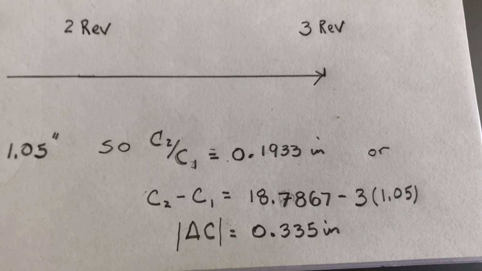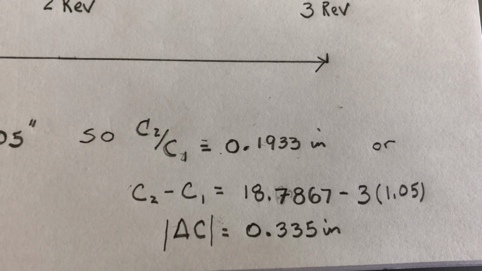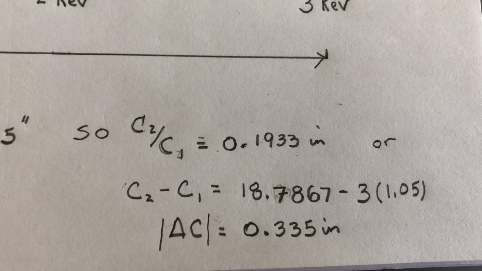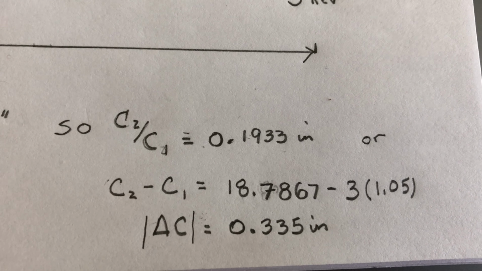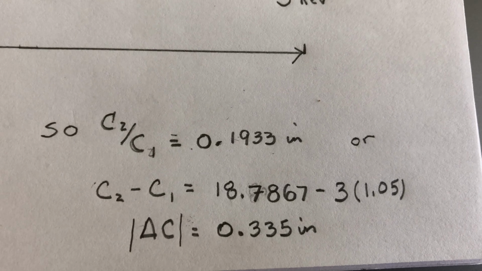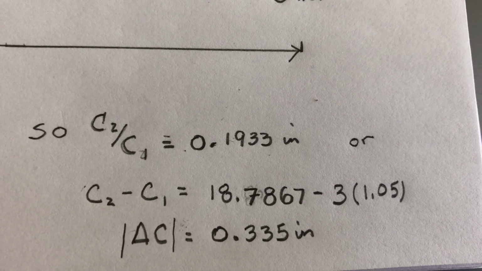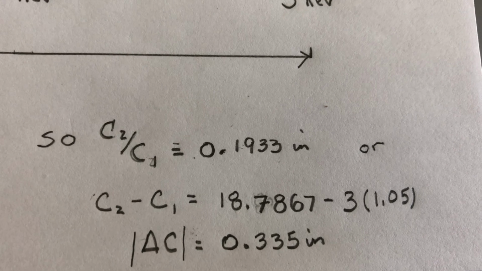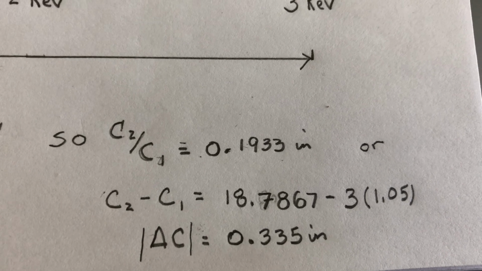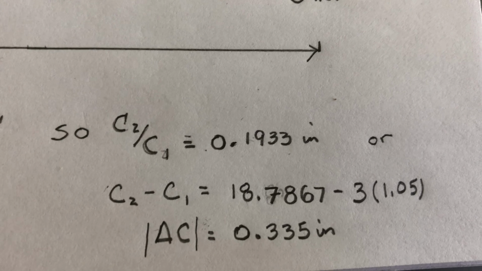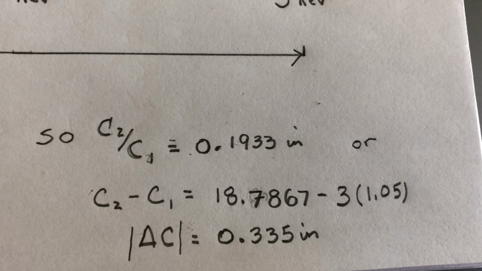And when you look at the difference between the circumference of the circle at 2.99 and 3 times the circumference of the smaller radius, then you have a difference, delta C, or the magnitude of the difference of the delta circumference. It was 0.335 inches.